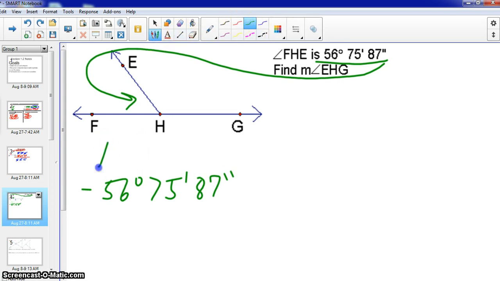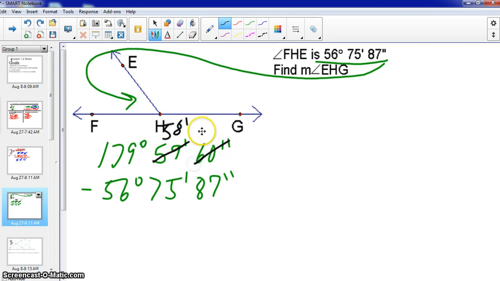If we were to break down the 180 to 179, 59, and 60, as we talked about on the last page, we see that we still cannot do the problem. So we need to essentially borrow again. So if we take away a minute and we go down to 58 minutes, that allows us to add 60 seconds to the problem. Now we have enough seconds to subtract, but we still do not have enough minutes, so we need to borrow some more minutes.